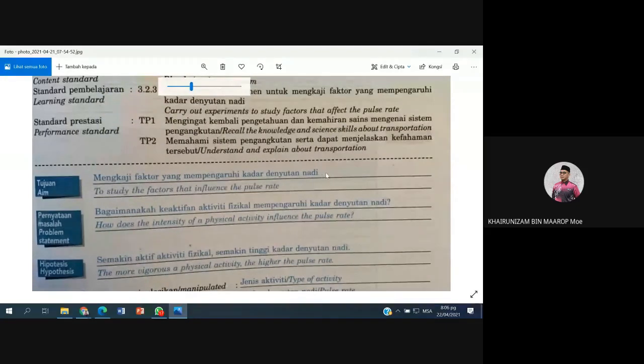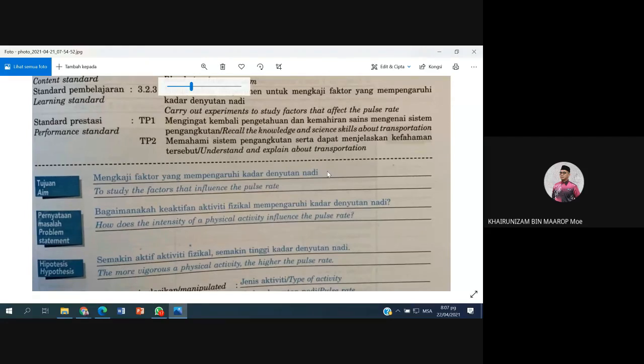Okay, I hope you can see clearly what I'm trying to present to you. This is our experiment wajib. This experiment is to study the factors that influence the pulse rates.